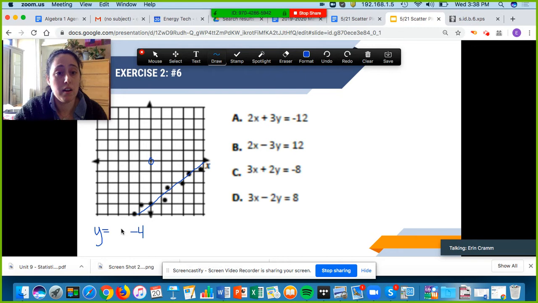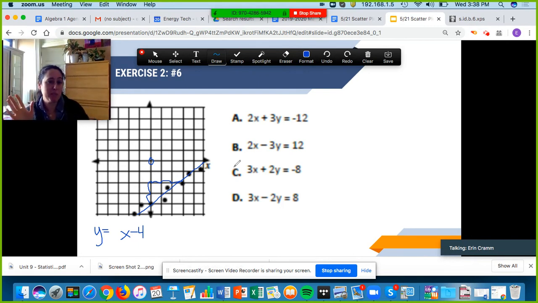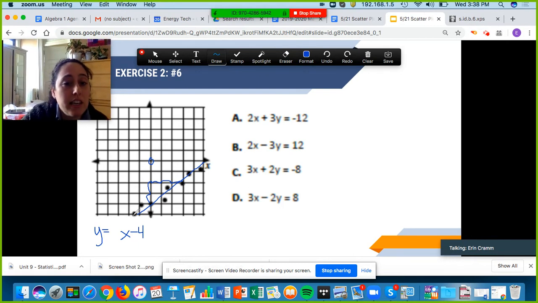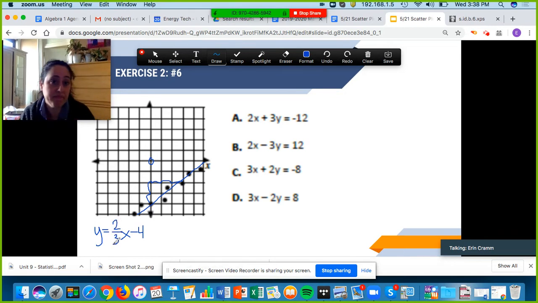Okay. Oh, good. Okay. So it's a positive slope, and it looks like it goes up about like 1, 2, and it goes over like 1, 2, like almost 3, right? And I see the numbers 2 and 3 here, so that is giving me a little hint. So it looks like it goes up about 2 and over more than 2, right?